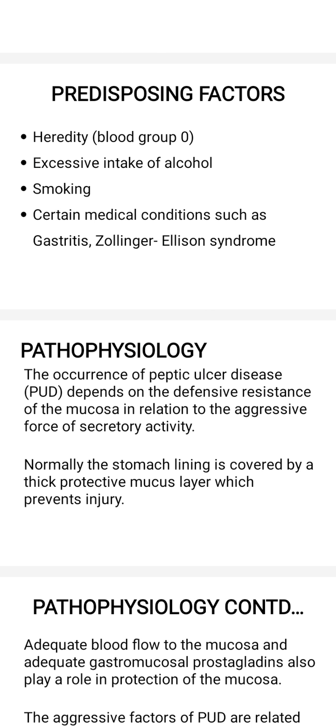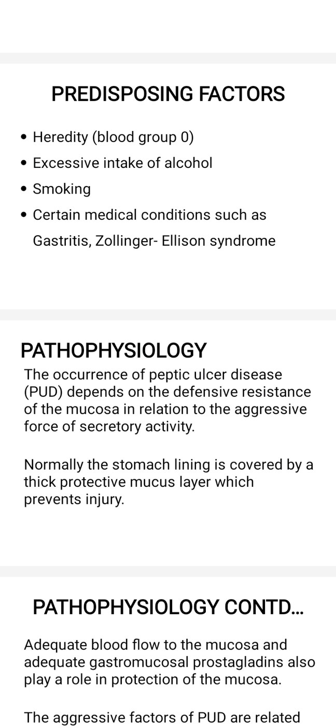Now let's look at the pathophysiology, where we're going to talk more on the predisposing factors. We're going to look at how excessive intake of alcohol can cause peptic ulcers. In the normal sense, you have to explain the normal before you go to the abnormal.